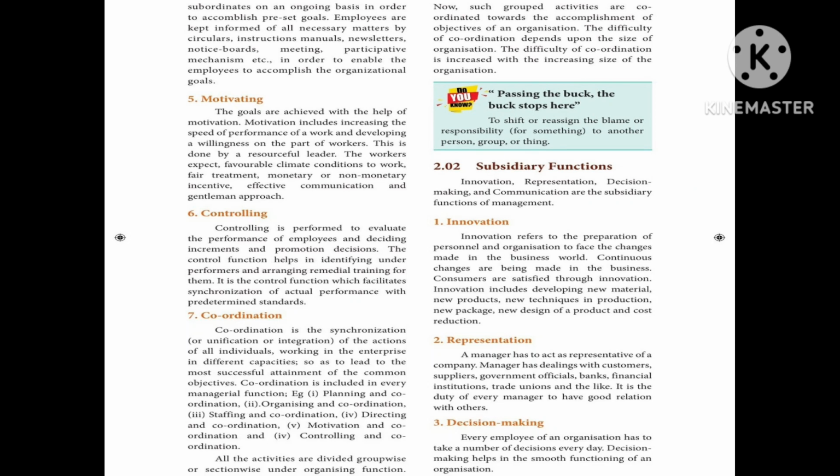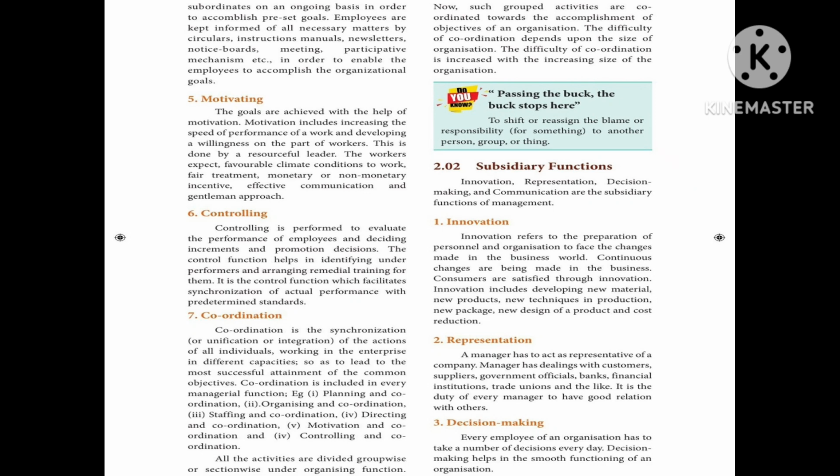Coordination is the synchronization or unification or integration of the actions of all individuals working in the enterprise in different capacities, so as to lead to the most successful attainment of the common objectives. Coordination is included in every managerial function, for example planning and coordination, organizing and coordination, staffing and coordination, directing and coordination, motivation and coordination and controlling and coordination.